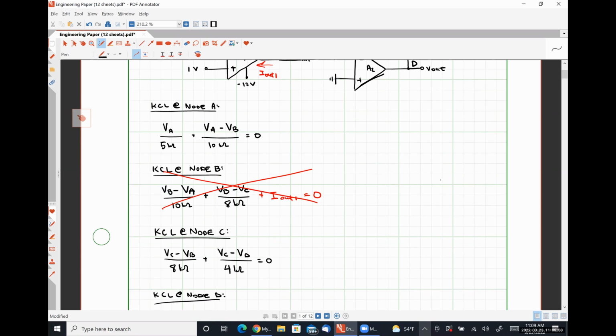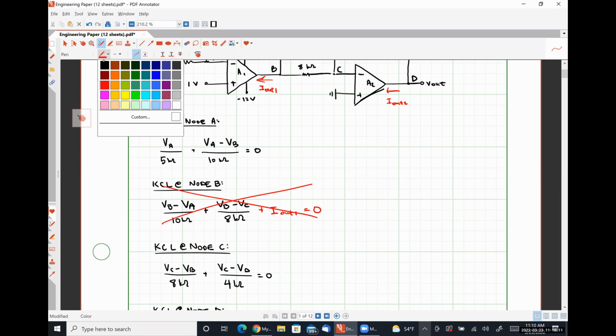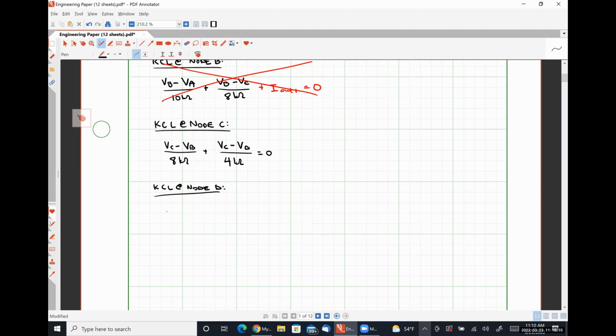And again, we have no means by which to quantify I out 2 in terms of our nodal voltages or anything else. So we have VD minus VC over 4 kilo ohms plus I out 2 is equal to 0, which again, we cannot use.